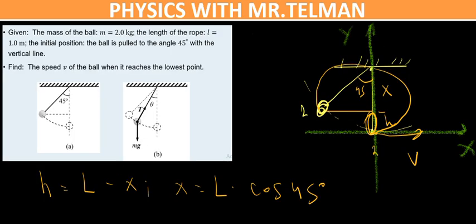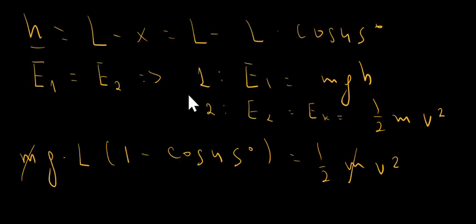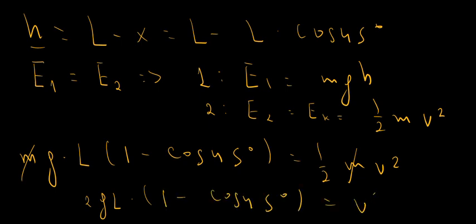So then we have the following equation: 2gL multiplied by 1 minus cosine 45 degrees equal to v squared.